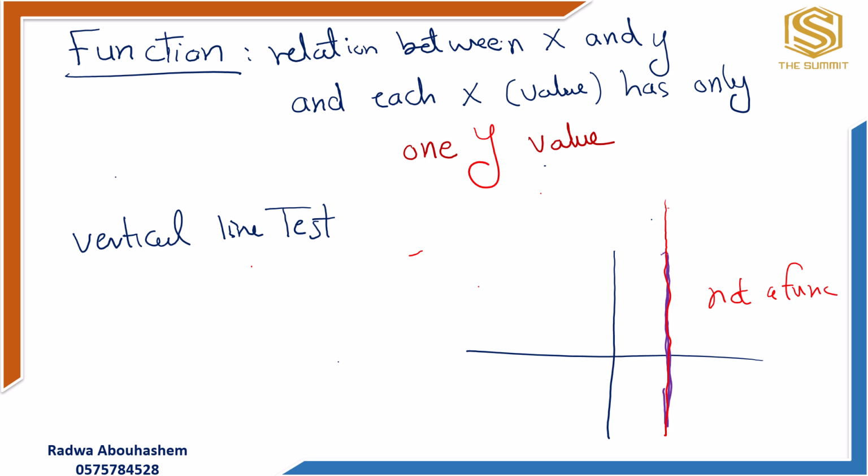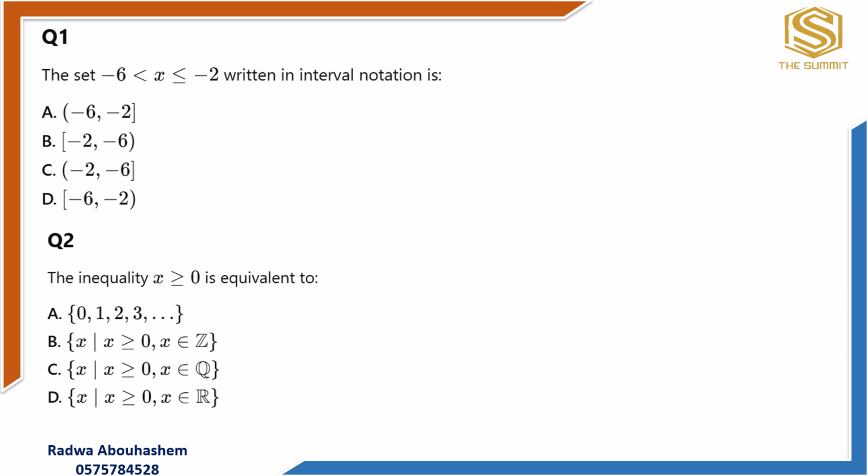Okay. Now let's try to solve some problems on the part we have discussed. The set -6 is smaller than x, which is smaller than or equal to -2, written as: for -6, I have here smaller without an equal sign, so it has to be an open bracket. And -2 with a closed bracket because we have an equal sign.